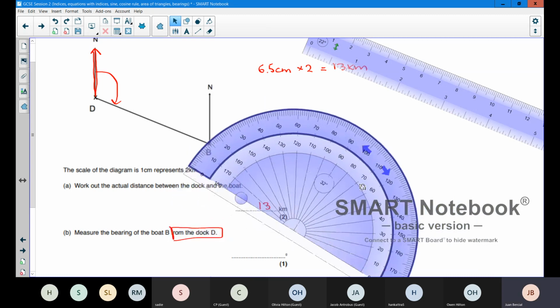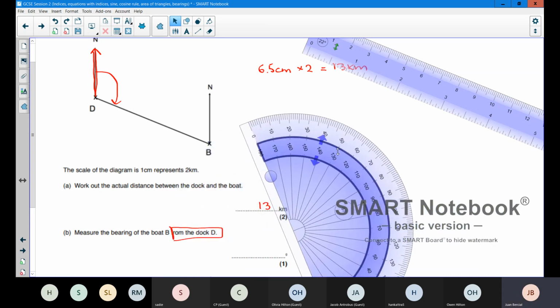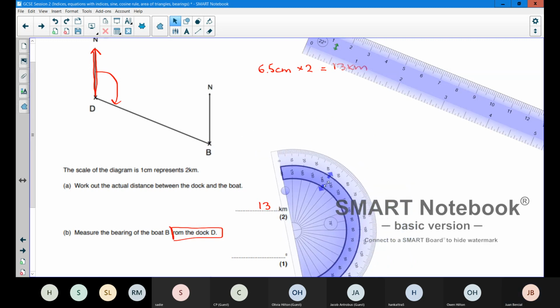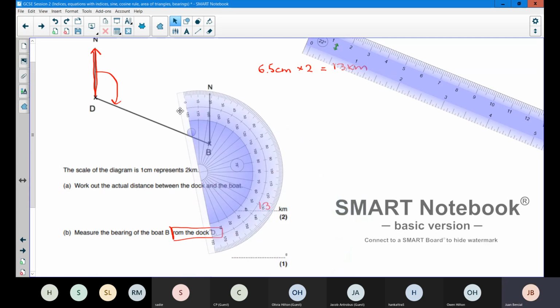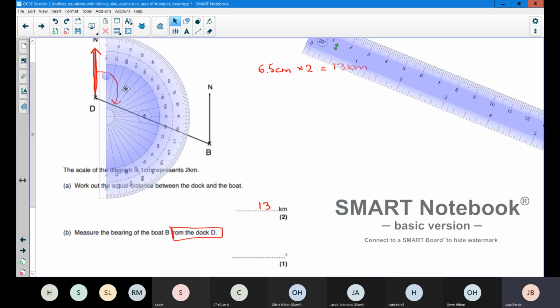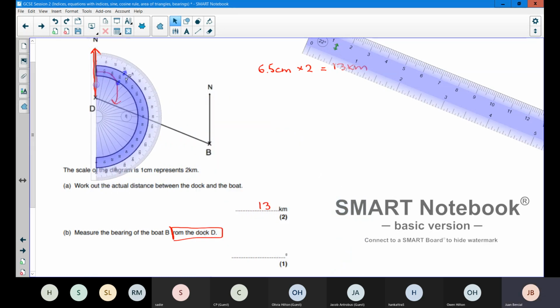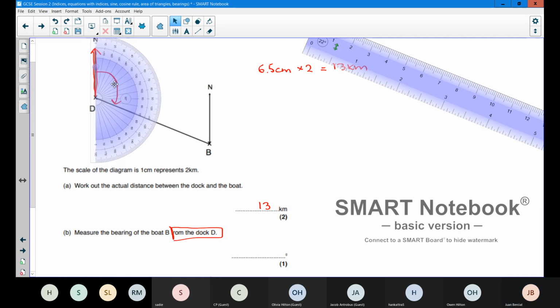Maybe that's too big. So I put it there. Remember that I put the center of my protractor there. That's my north. Look at that.